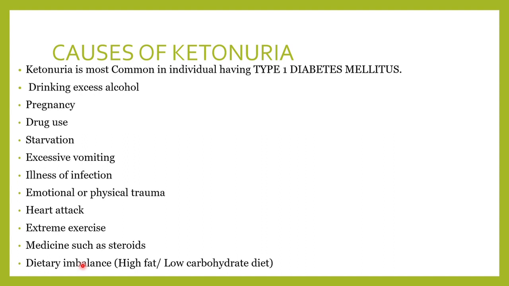In all such conditions, the ketone levels will rise in your blood and the kidney will try to excrete them out. That is all about the tests to detect ketones in the urine.